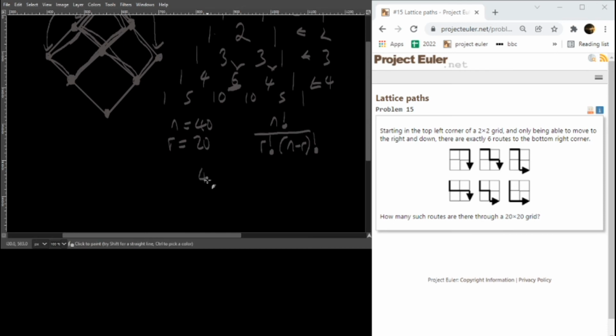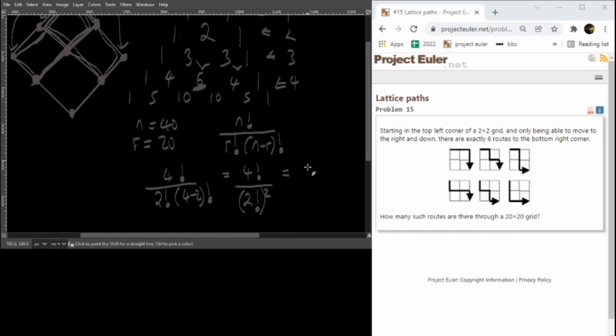So 4 factorial divided by 2 factorial times 4 minus 2 factorial. That simplifies to 4 factorial divided by 2 factorial squared. Okay, which is 4 factorial is 24, 2 factorial is 2, squared is 4, and that's 6.